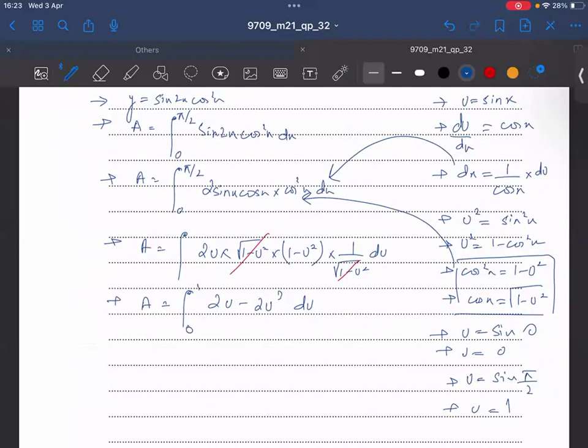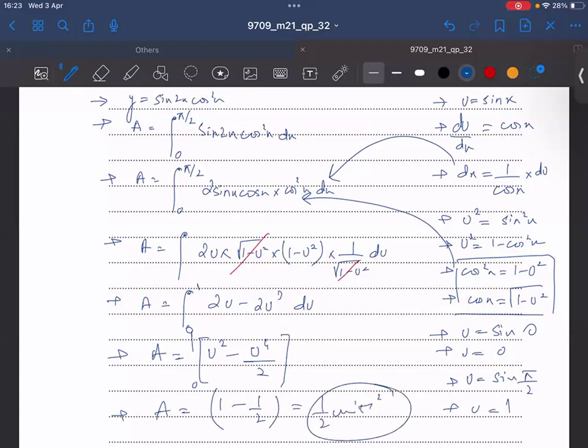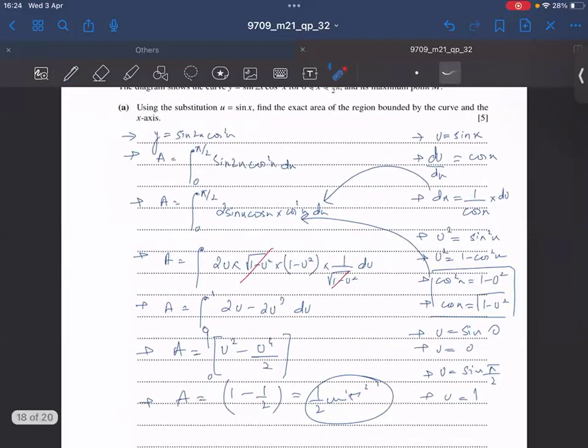From 0 to 1, A is going to be equal to u square minus u to the power of 4 over 2. So area is going to be 1 minus 1 over 2, which is 1 over 2 units square, because substituting 0 makes everything 0. So half unit square. Is it clear or not?